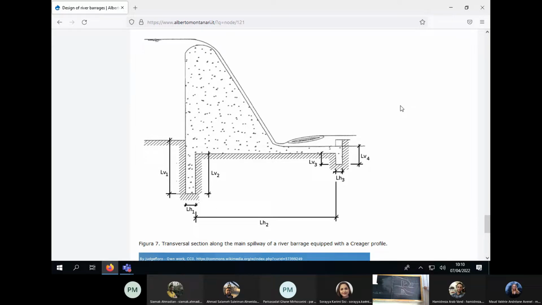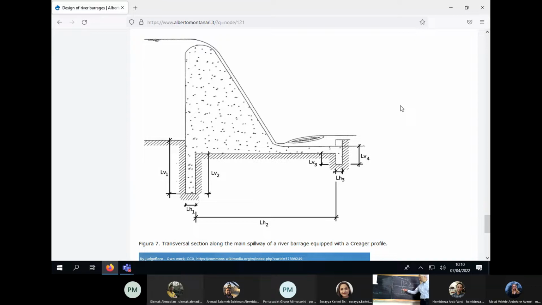People did a lot of experimental activities in order to determine what is the best shape. And now we call this profile the Creager-Scimemi profile, because there were two persons, one Italian and one French, that independently made experiments, and they came to similar conclusions.